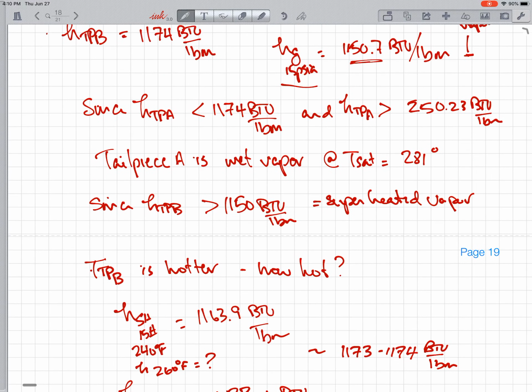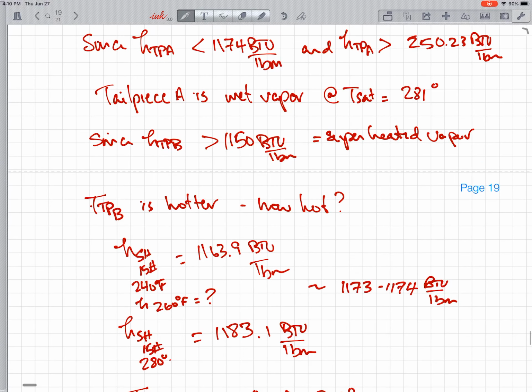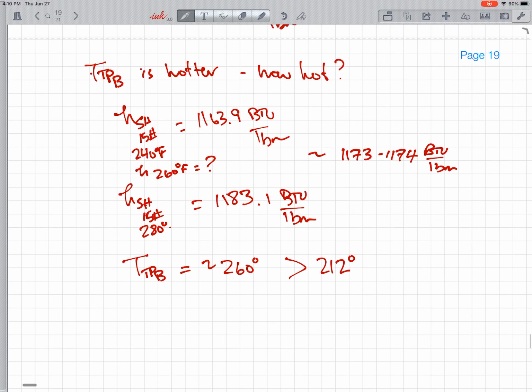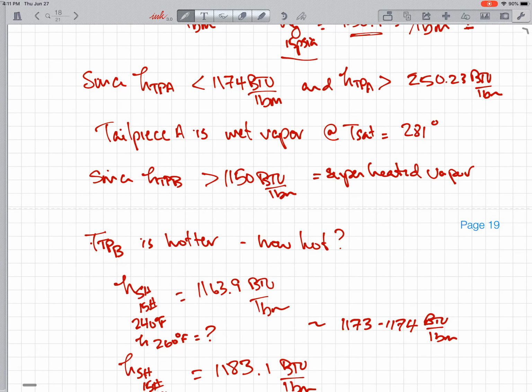Certainly hotter than, that's going to be greater than 212 degrees, which is equal to Tsat at 15 psia. So we got that.